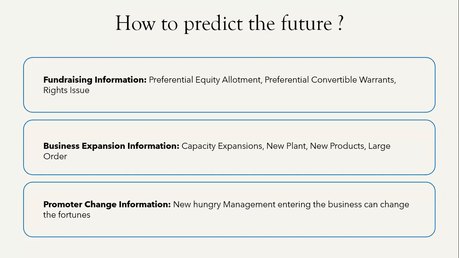Which amongst these four, capacity expansion, new plant, new product, large order, is the most certain? This is where there is the most guarantee that the company is going to grow.